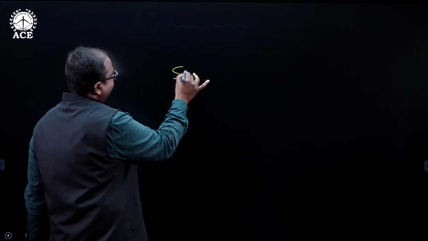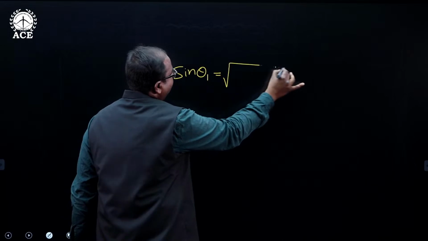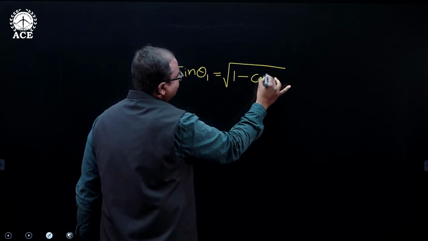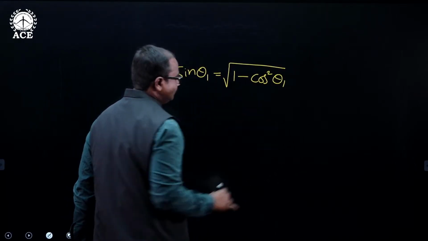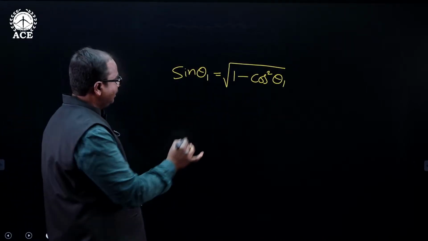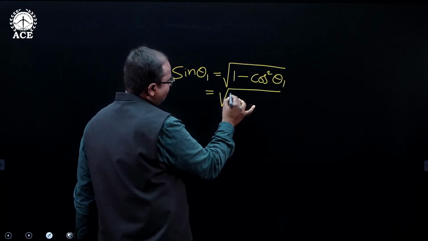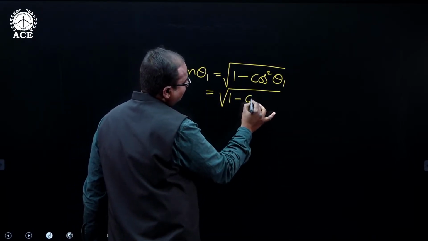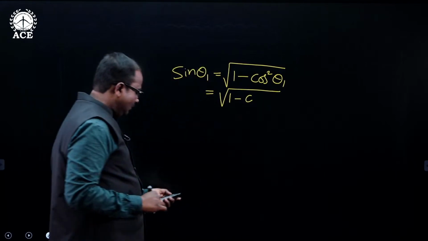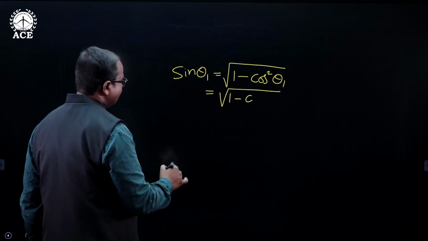Now, sin theta 1 is equal to under root of 1 minus cos square theta 1. That is the relation between sine and cos. Cos theta 1 is N2 by N1.